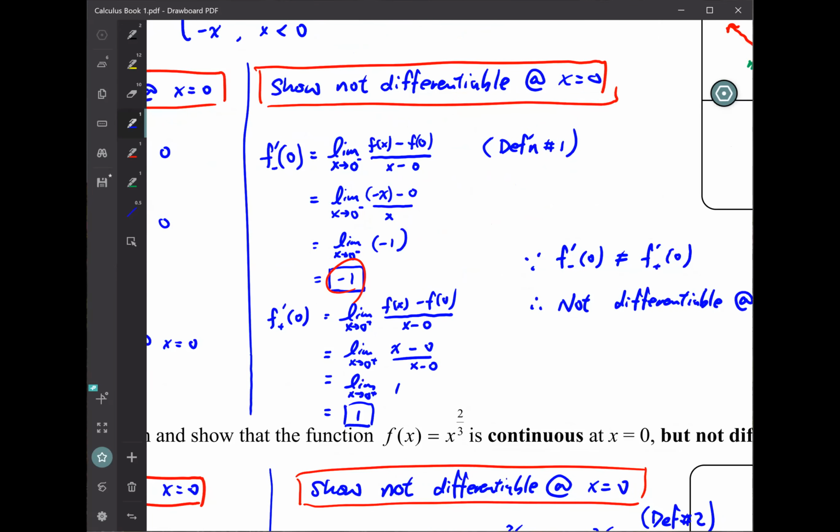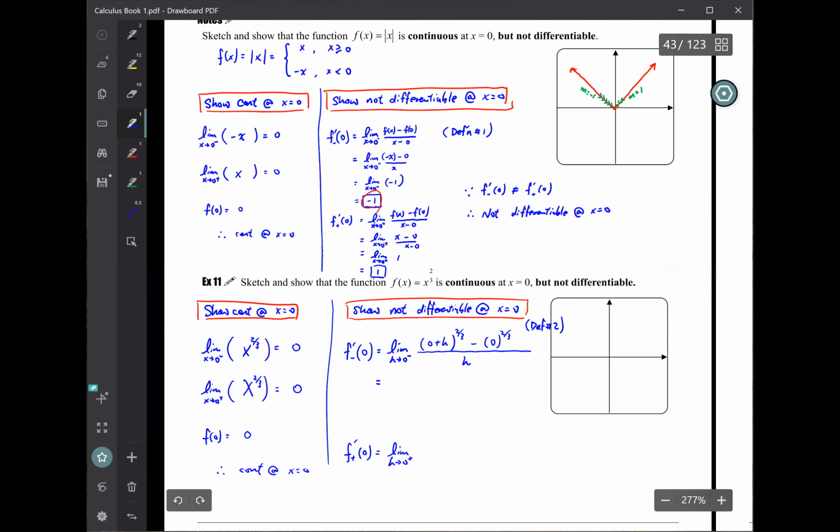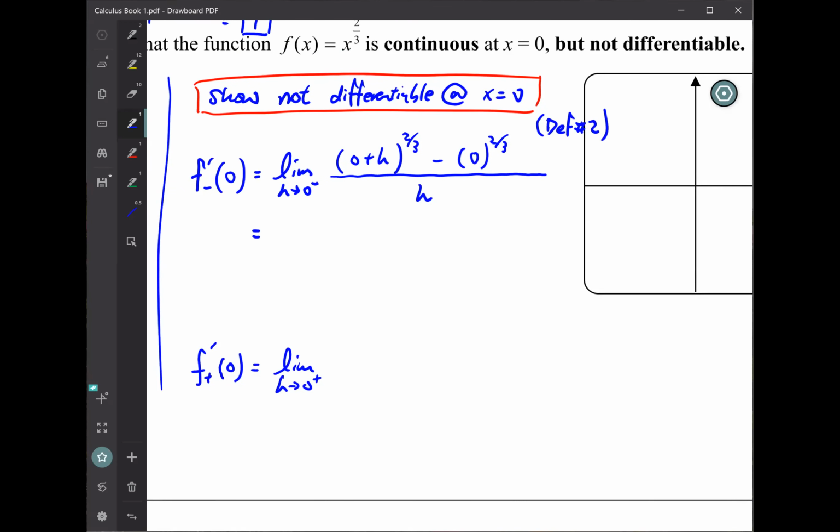X approaching 0 is the definition, but because we are only doing one side, you need to add a little minus and a little plus. So let's simplify this. 0 plus h is just h, so h to the 2/3. 0 to the 2/3 is still 0. So over h.